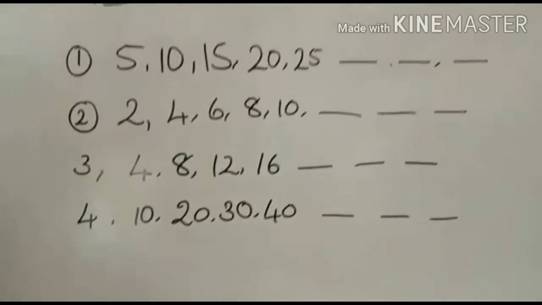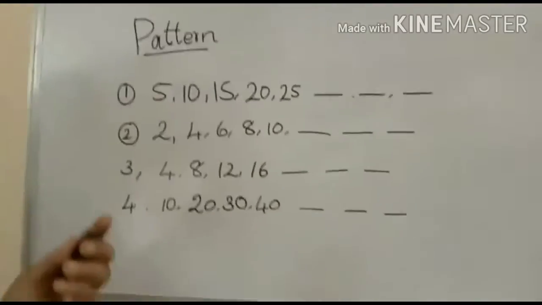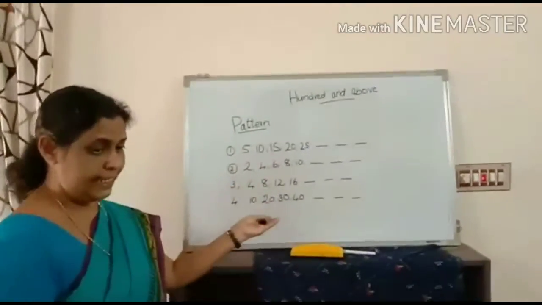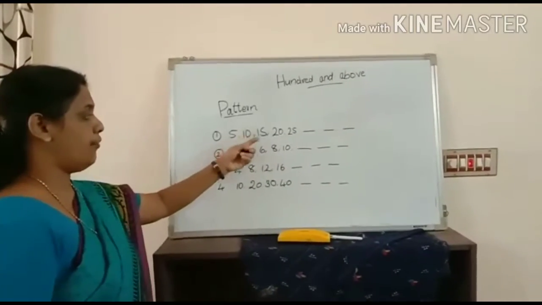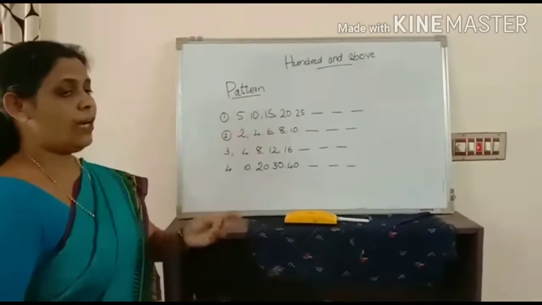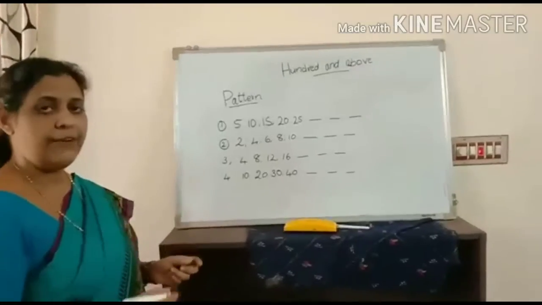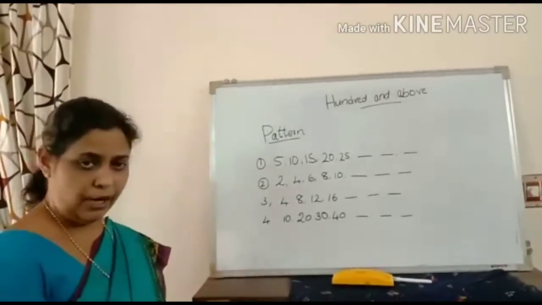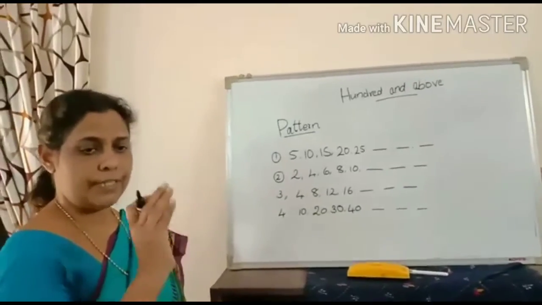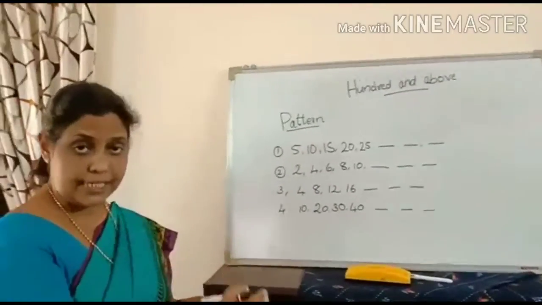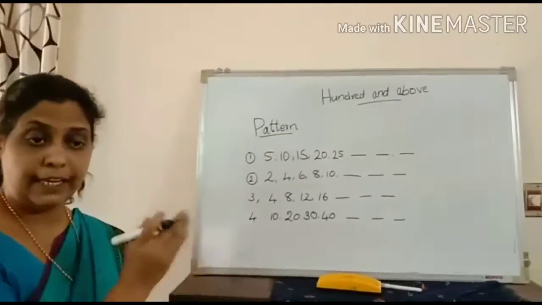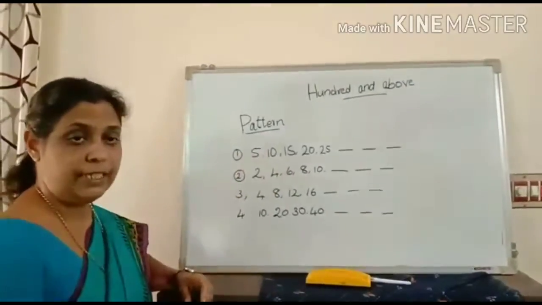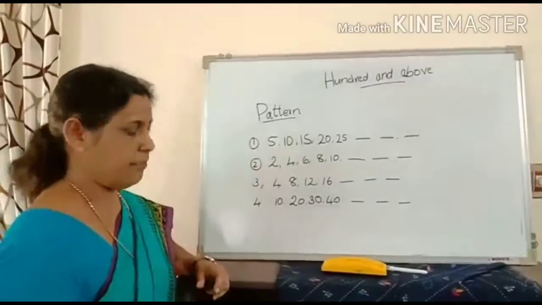Do you know how to do this? Yes, all of you know, isn't it? First one, 5, 10, 15, 20, 25. How can we do this? First we must find out the difference between the second digit and the first digit. What is the difference between 10 and 5? 5, isn't it?